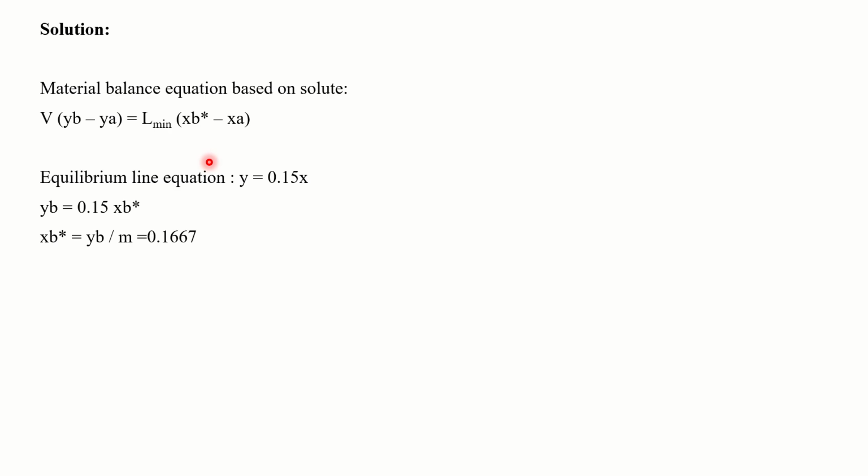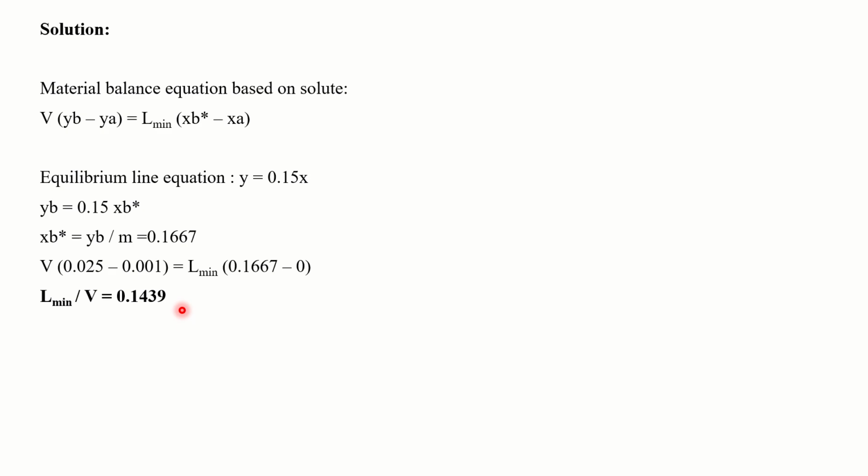So from the equilibrium line equation, first let us calculate XB star. Then we will have enough data for finding the minimum solvent rate. By substituting YB in the equation of the equilibrium line, you will get XB star, which comes to 0.1667. This value we can substitute here for finding the minimum solvent rate, which in terms of the ratio is 0.1439.